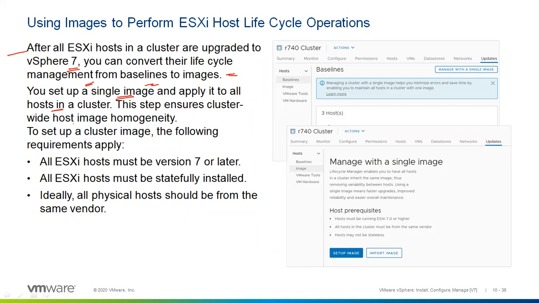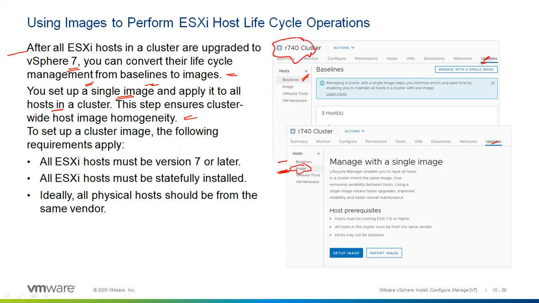This step ensures cluster host image homogeneity. Homogeneity means all the cluster nodes have the single native image. So how will it work? You see baseline here, go to updates. Then under updates, beside baseline, you have a tab of image.